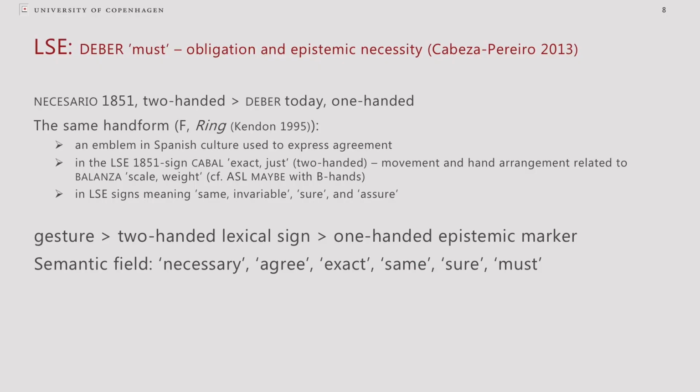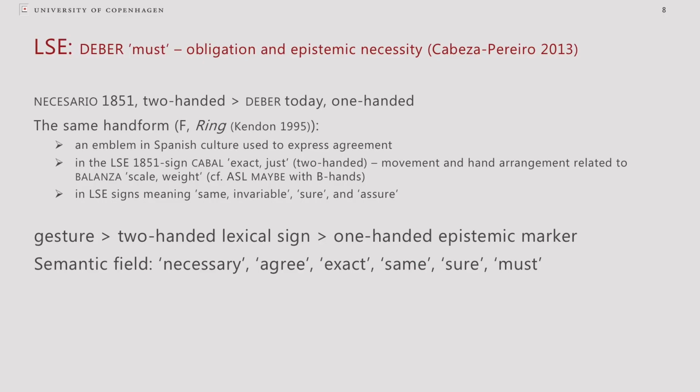Moreover, in the dictionary from 1851, there are other signs with this hand form. One of them means exact or just. And today there are signs in LSE, with the same hand form, meaning same, invariable, sure, and assure.